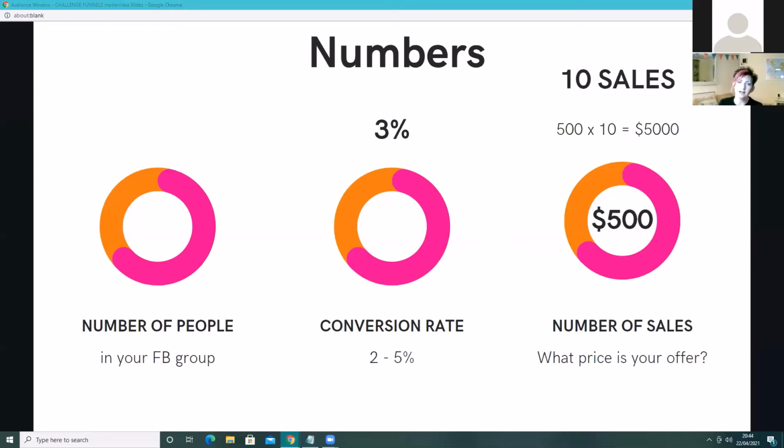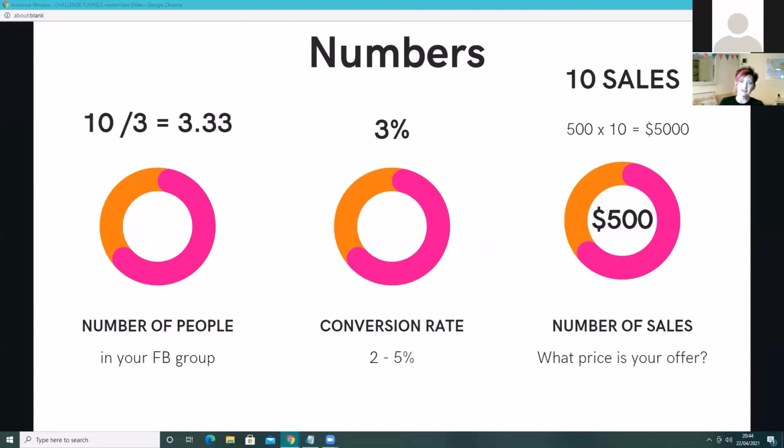So if we want to hit our 10, we can reverse engineer the numbers to make sure we do hit our 10. If our conversion rate is 3%, how many people do we need in our group to achieve those 10 sales? So we take the 10 that we want to sell and we divide that by the 3%. That's 3.33.